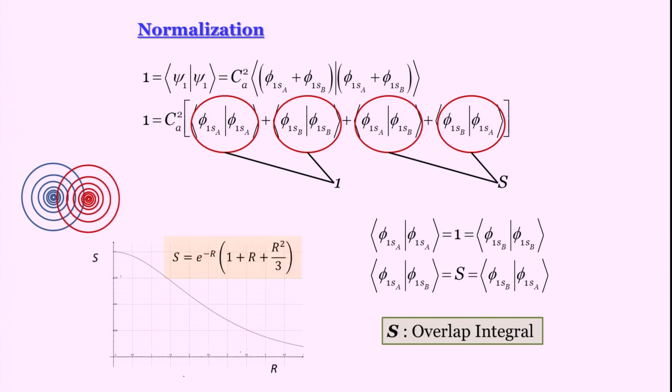And this, as is worked out using elliptical coordinates in Macquarie and Simon's book, can be written in terms of the internuclear distance capital R. This is the functional form which we do not have to remember. We should understand the shape of the curve. It is like this, initially 0 at very large R, then it increases to a saturation value.